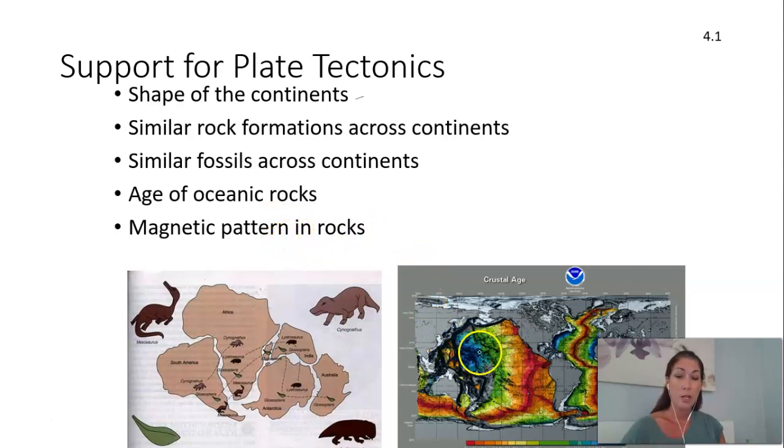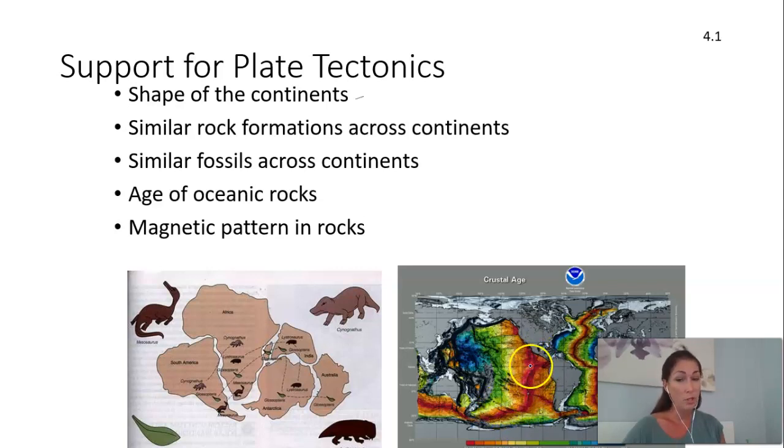The age of oceanic rocks is some very new stuff that has a lot of people very interested in this. So here you can see this red line that's going up through the middle of our Pacific Ocean. Here you can see it going down the Atlantic. So this is called our mid-ocean ridge. Now what's significant about this is that this rock is very young.